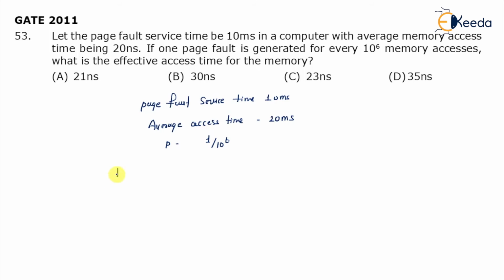We know that effective access time is 1 minus P times regular memory access, which I write as MA, plus P times page fault service time.